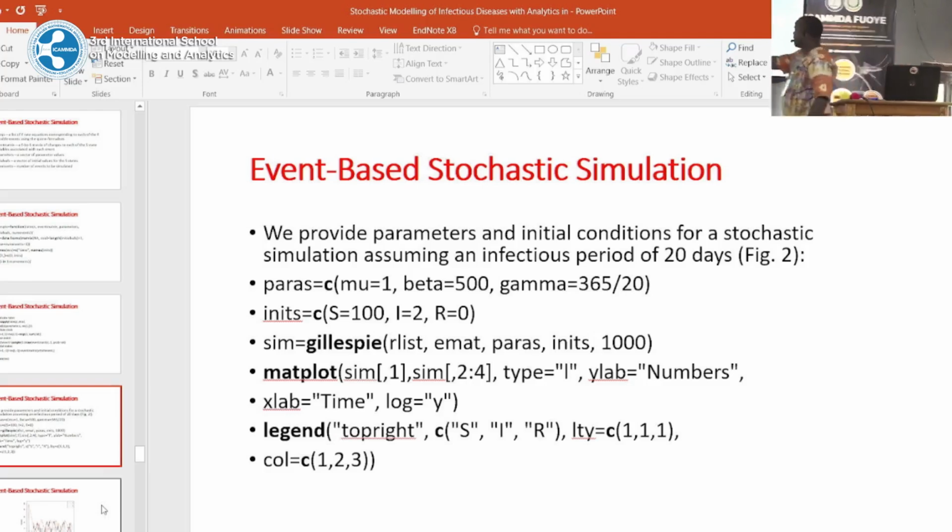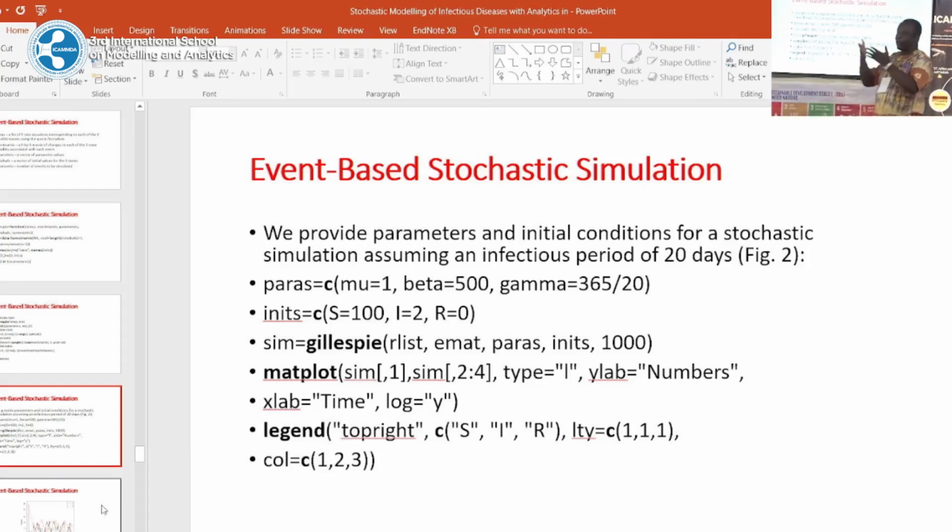Now, if you run this sim, you are going to have about 4 different variables, including the time. The time is the sim of 1, and then the SIR, that's columns 2, 3, 4. And then you have the time for this. So it runs everything together.